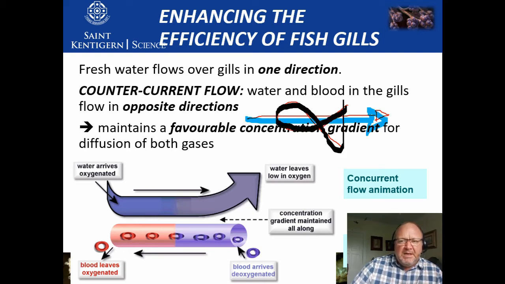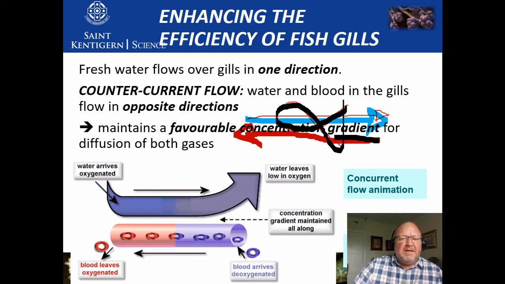To maintain a very good, or favorable, concentration gradient, your blood will flow over the gills from the back to the front. We call that counter current blood flow, against the current of the water. Both currents are in opposite directions.